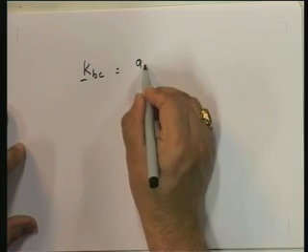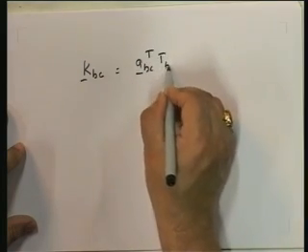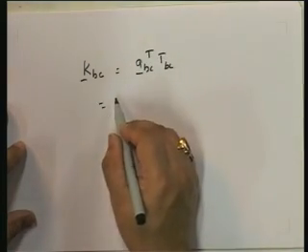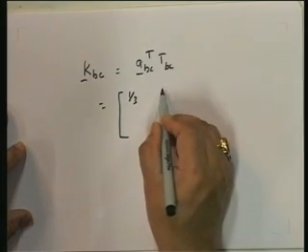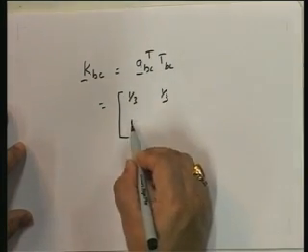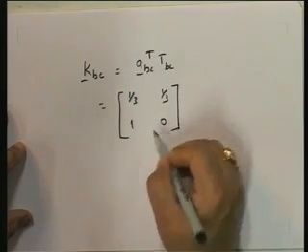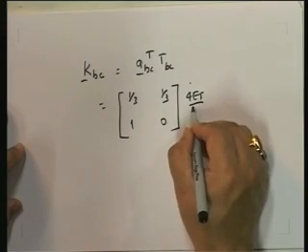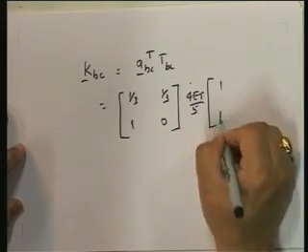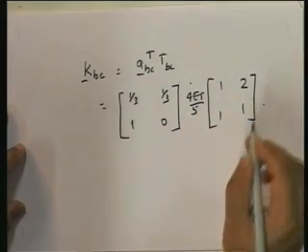The next step is finding out the contribution of the member BC to the structure stiffness matrix, which is equal to ABC transpose TBC. That is 1/3, 1/3, 1, 0, multiplied by 4EI upon 5, 1, 1, 2, 1.